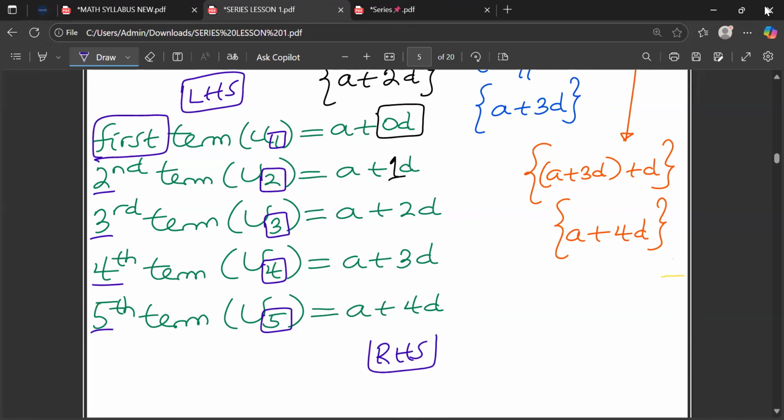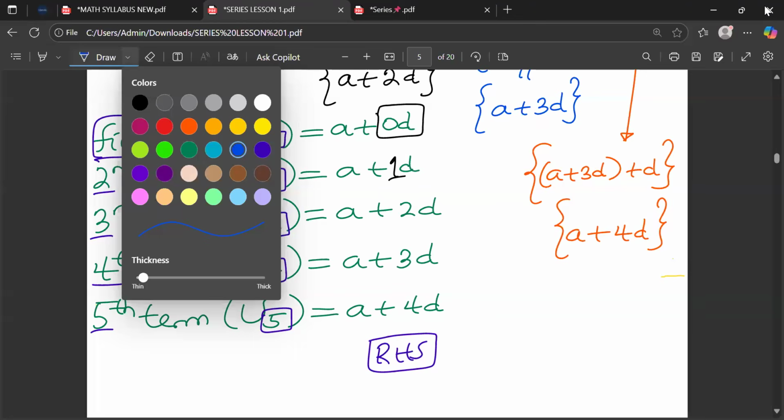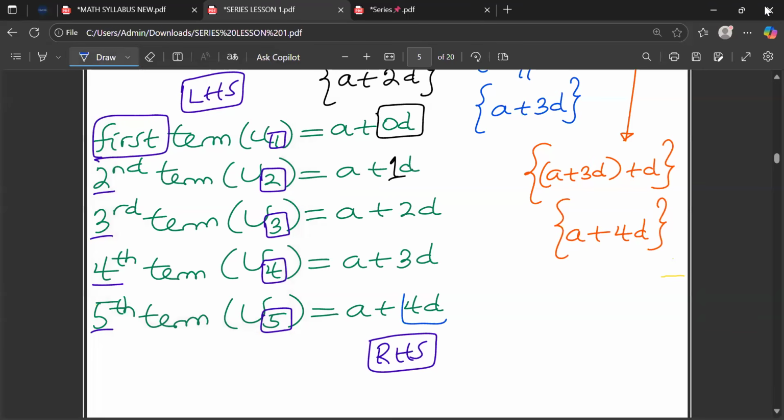I want to know if people see the relationship between those things I've circled in purple and these ones I've circled in blue. I don't know if you people are very good mathematicians.